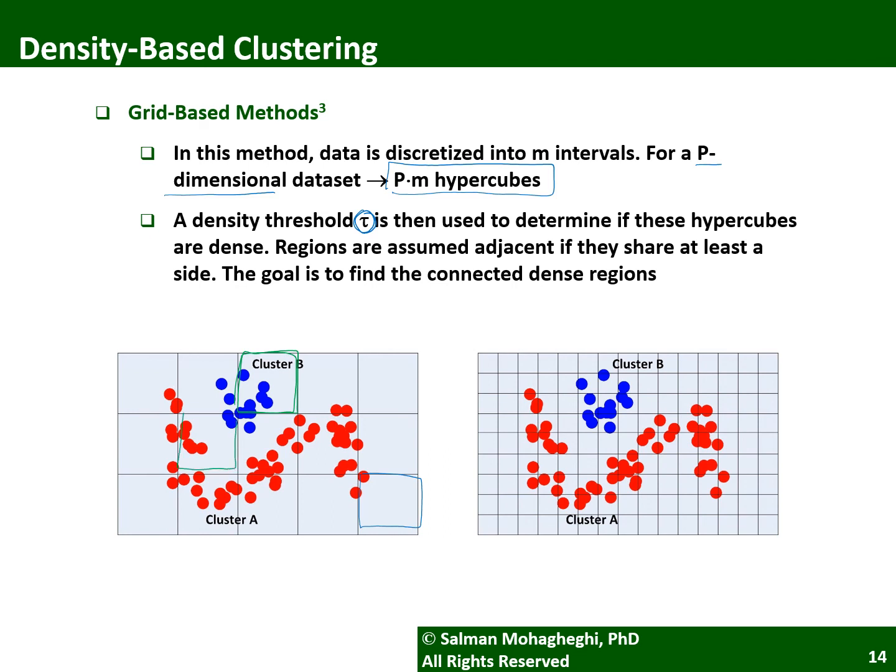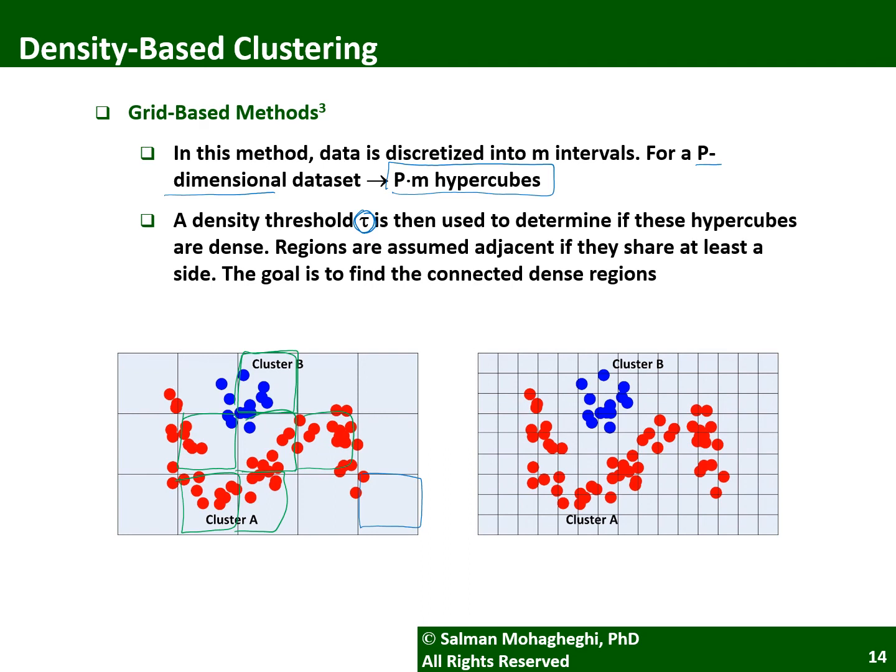This one marked as dense, this one marked as dense, this is dense, this is dense, and this is dense, right? So now what you do is you combine these together and they become your new pseudo data points.